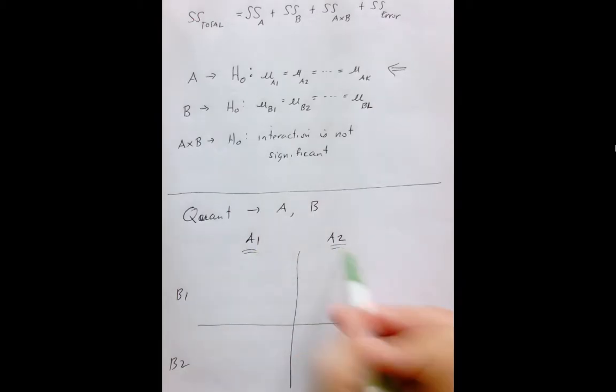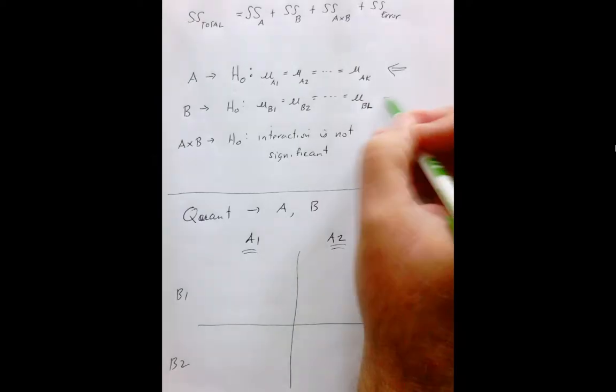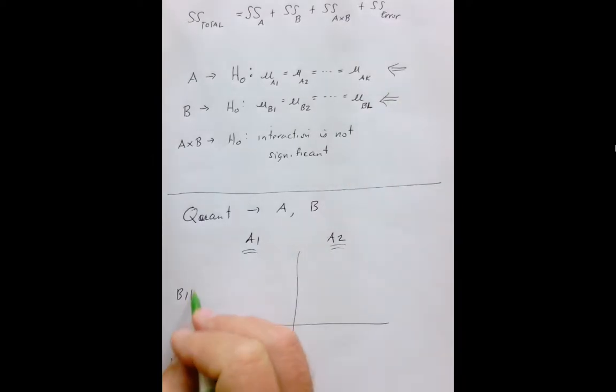Well, this first null hypothesis is going to compare the equality of the means across groups A1 and A2. This is going to compare the means across B1 and B2.